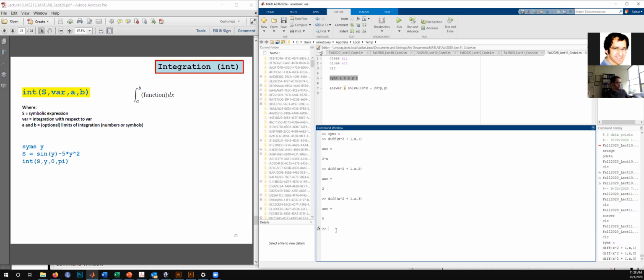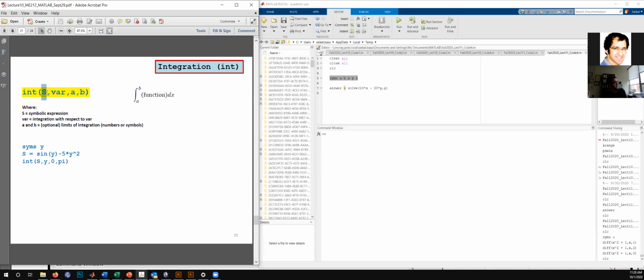The next thing that I want to do is how to get integrals. And again, we are still working with just symbols. So let's look at this particular example. Here I have the function that is supposed to be integrated as sine y minus 5y squared. So you plug in that in this. So this is the function.